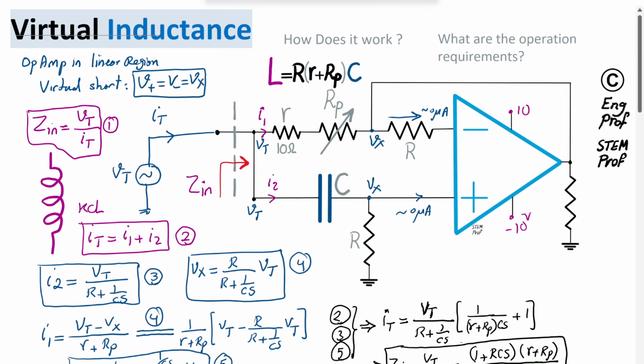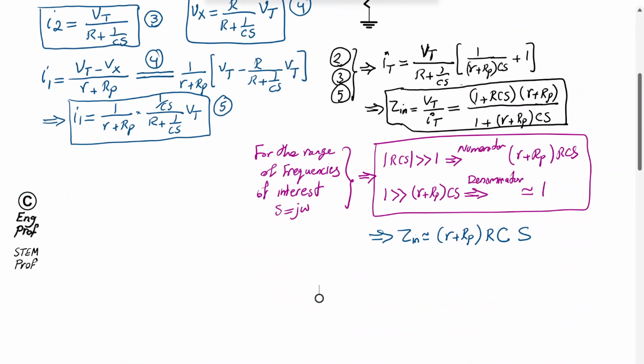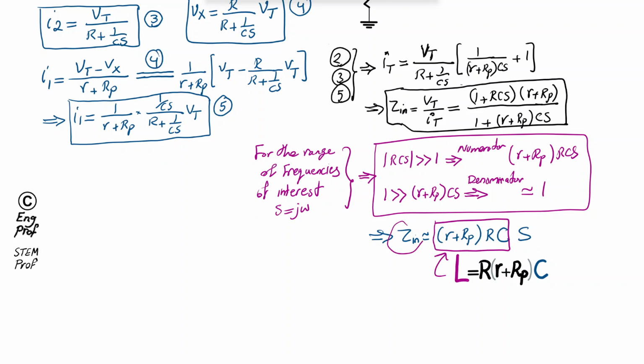I'm going to copy paste the formula that we have and put it here side by side. So there you go. This is what we wanted to prove, and we got it, because this is exactly L multiplied by s. So the input impedance of the circuit really looks like Ls, which is the impedance of a simulated inductance, even though we don't have a real inductor in the circuit, but effectively we realize a simulated inductance, but we need to satisfy these conditions.